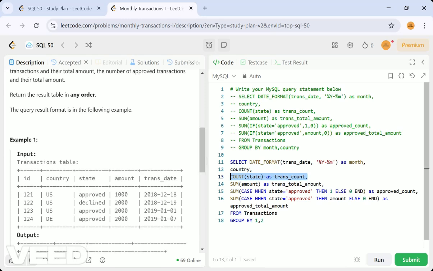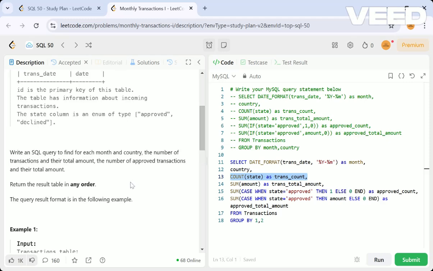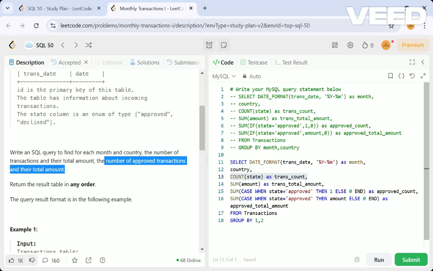So we are getting all the transactions. If we want the amount of transactions, you can also get the amount here, the same thing. So the total count will be obtained, and for approved, they want the count, meaning the number of approved transactions, and the total amount. So approved transactions are the count, and the amount is the total amount. This is what we did in this query.